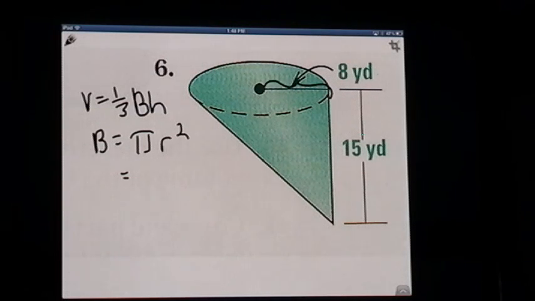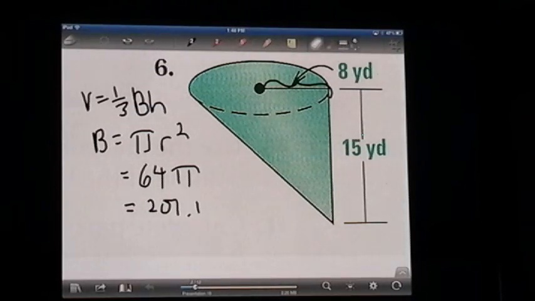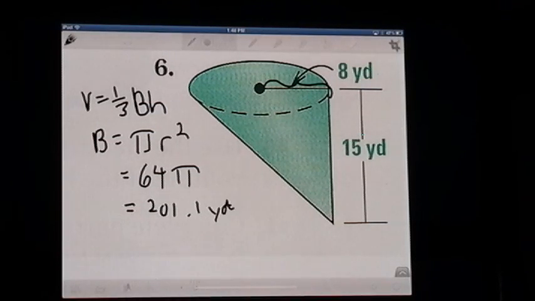It's already found for us. 64 pi. I just went ahead and squared it. 8 squared is 64. So 64 times pi is 201.1 yards squared.